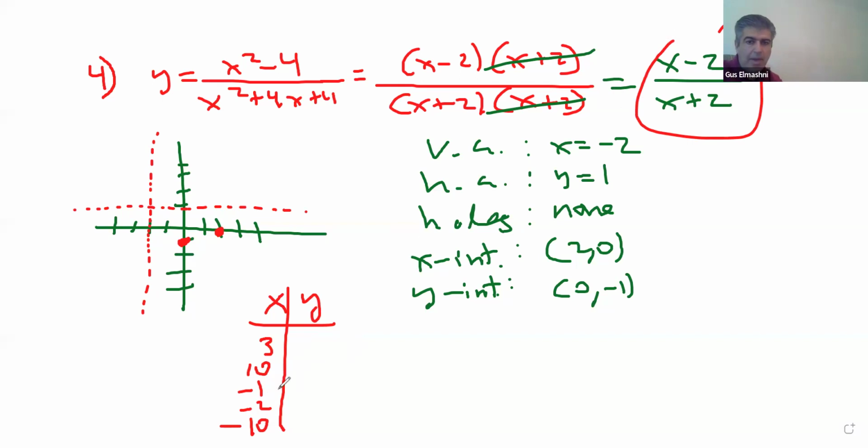You get the same thing either way. So you get 1/5. Then here you get 8/12, which is 2/3. And then we get -3/1, so -3. Next you get -4/2, so it's 2. For -10 you get -12/8, so it's 3/2.